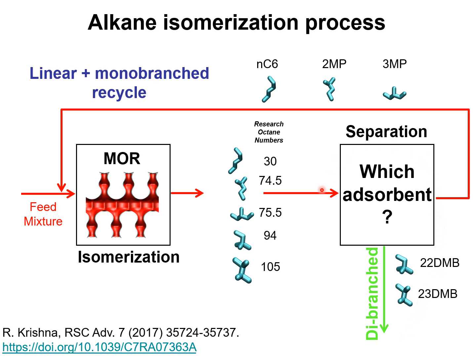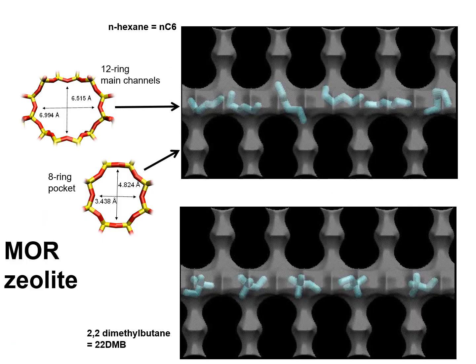The question is, which adsorbent to use and what is the separation mechanism? Let us examine the use of mordenite for separation of hexane isomers. Mordenite consists of 1D channels that are 7 angstrom in this direction and 6.5 angstrom in this direction.